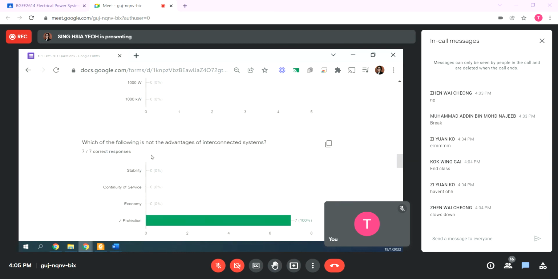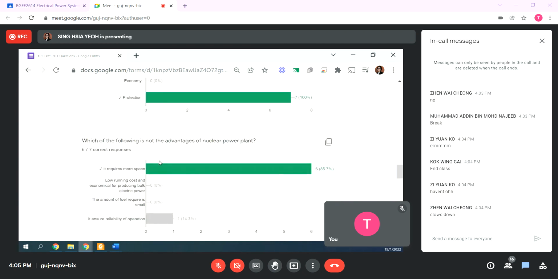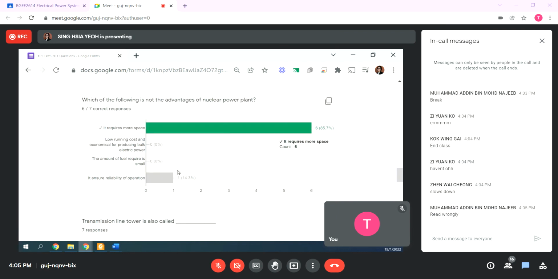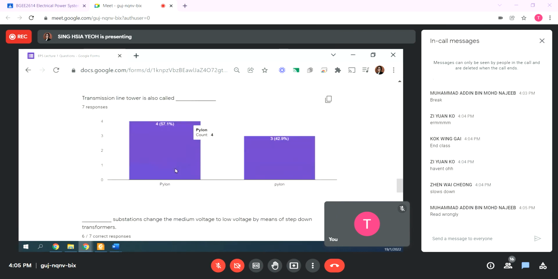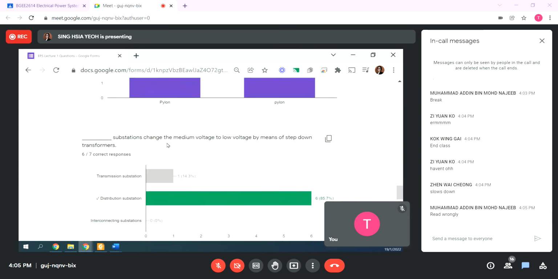Which of the following is not the advantage of the interconnected system? Protection is not here. Which of the following is not the advantage of a nuclear power plant? It requires more space, so it's not advantageous. A transmission line tower is also called a pylon, correct? What substation changes medium voltage to low by step down transformer?